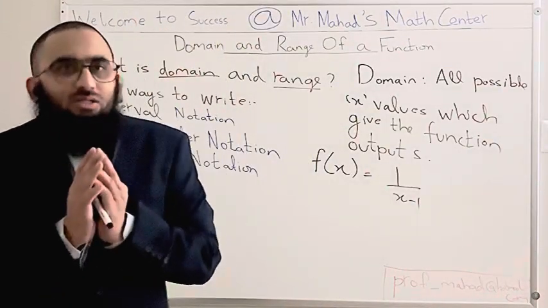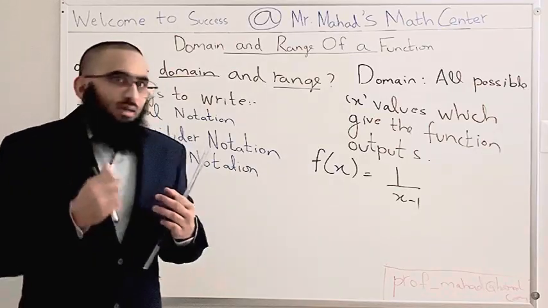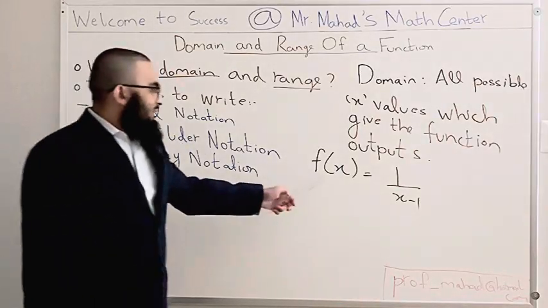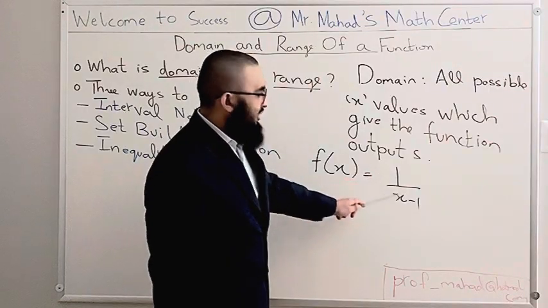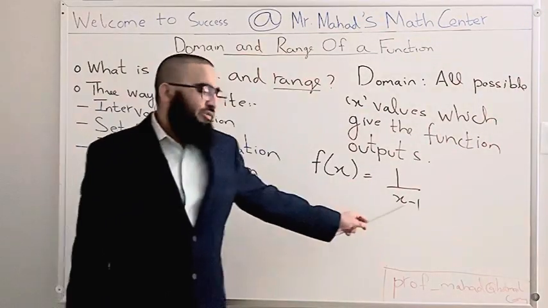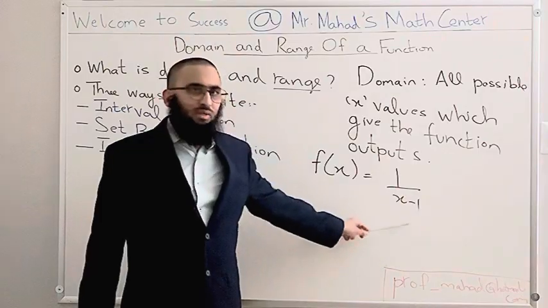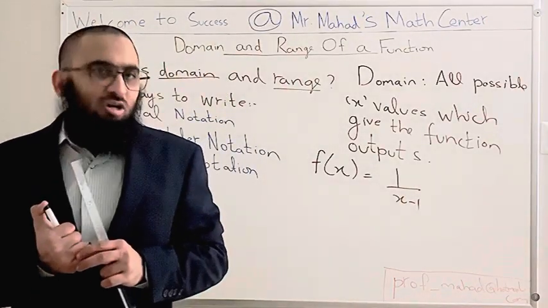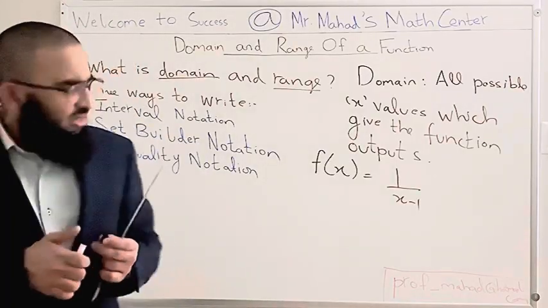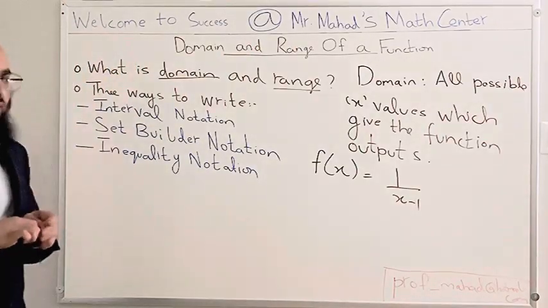What I want you to analyze is that this is a fraction with a numerator and denominator. Whenever the denominator is 0, the function would be undefined. We cannot have an output for this function when the denominator is 0.